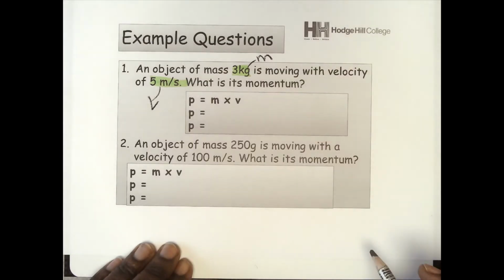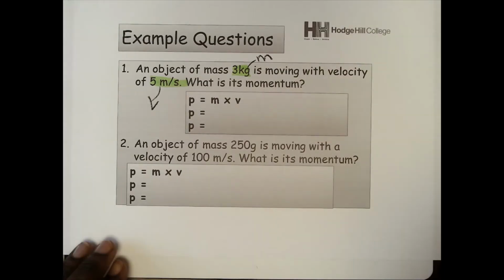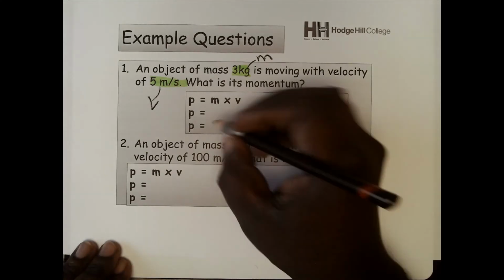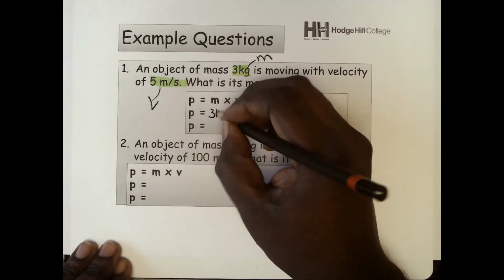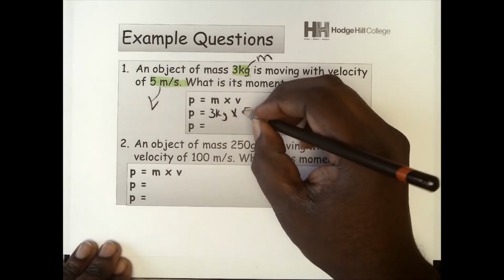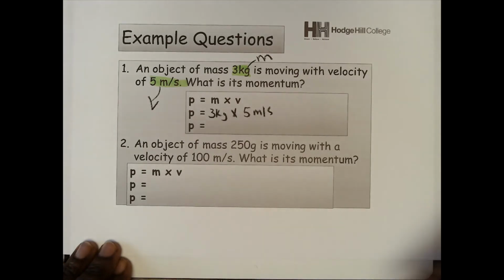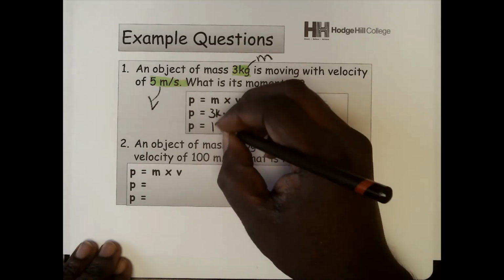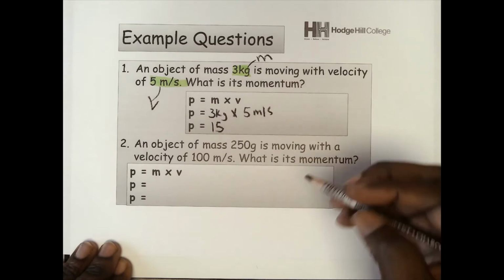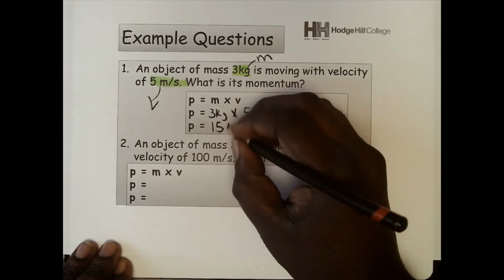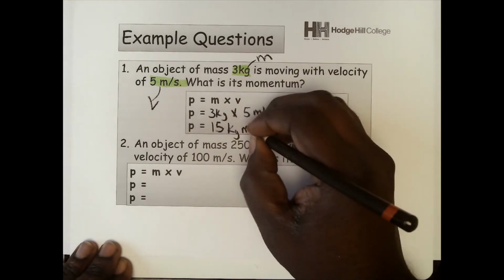So we now just need to substitute in the formula. So that's 3 kilograms multiplied by 5 meters per second. And of course, that is going to give us 15. But of course, we can't forget our units. So that will be 15 kilogram meters per second.